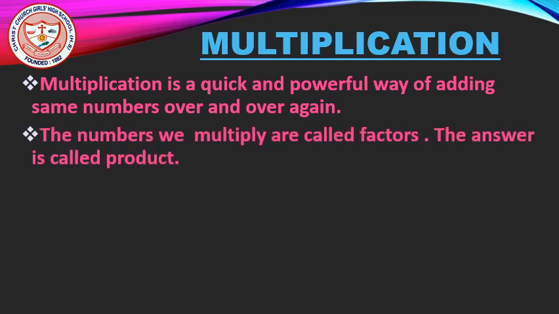The numbers we multiply are called factors. The answer is called product. For example, 10 5s are 50. Here, this cross sign is the symbol of multiplication.